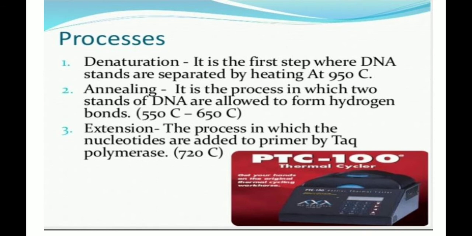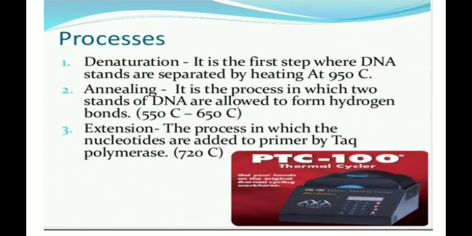Then the second step is the annealing process. It is the process in which two strands of DNA are allowed to form hydrogen bonds. In the first step we had denaturation; in the second step, annealing, they allow hydrogen bond reformation. Annealing is the fancy word for the renaturation process, totally opposite to the denaturation process.